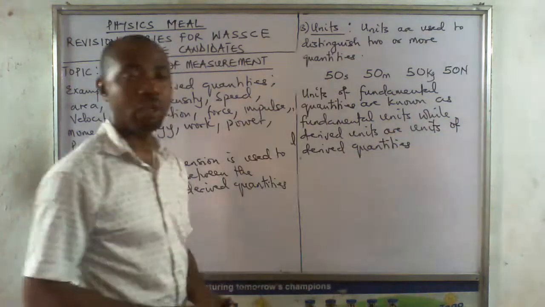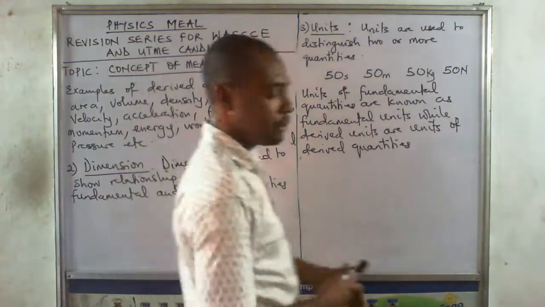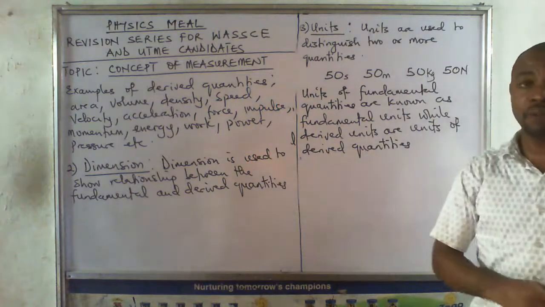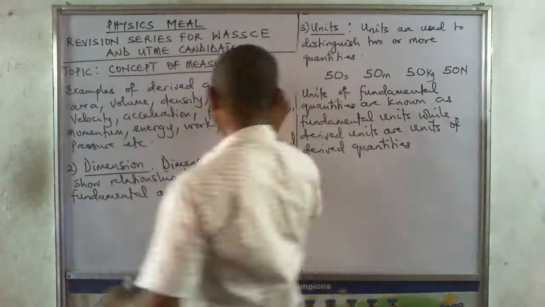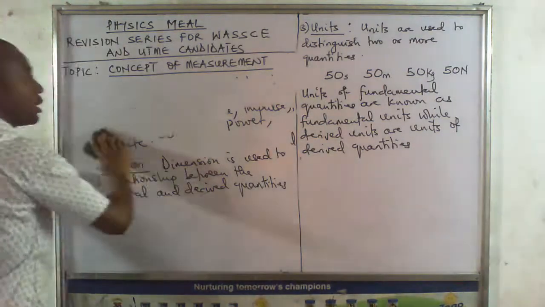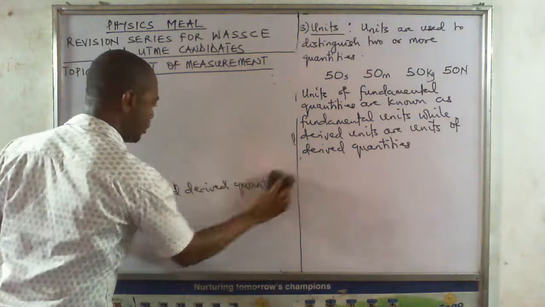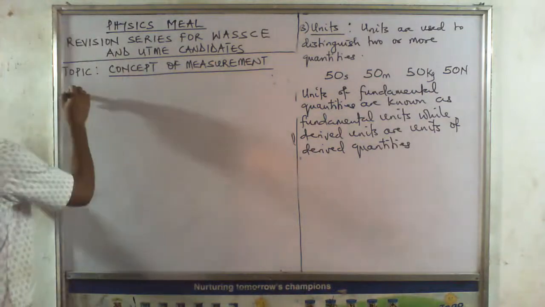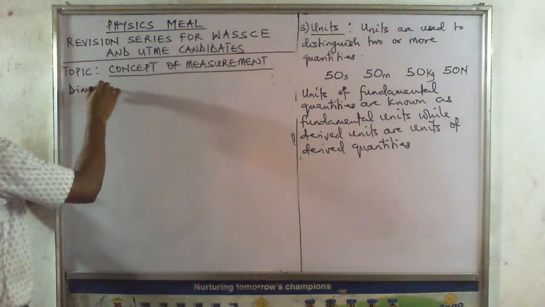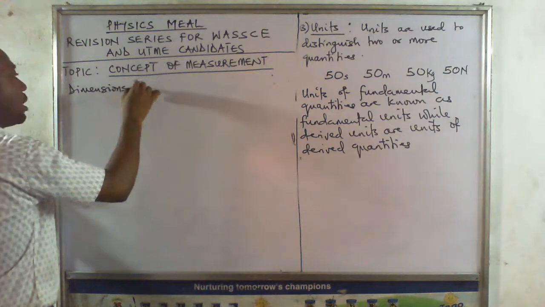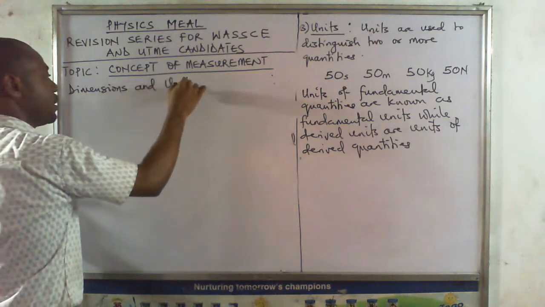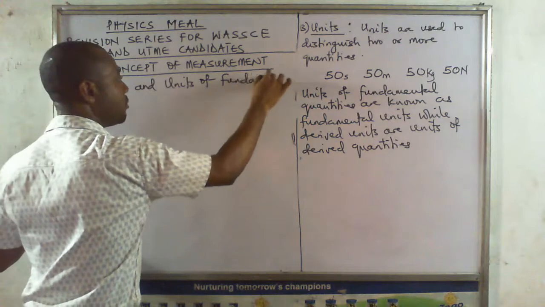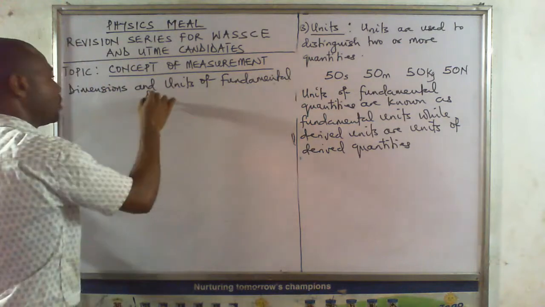So quickly, we're going to look at the dimension and units of fundamental quantities in a tabular form. Let's look at that quickly before we begin to summarize the first part of this. So, dimension and units of fundamental quantities.